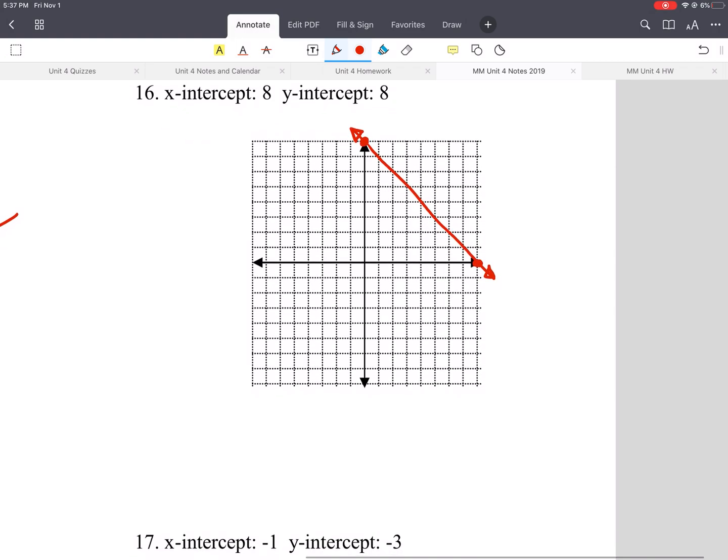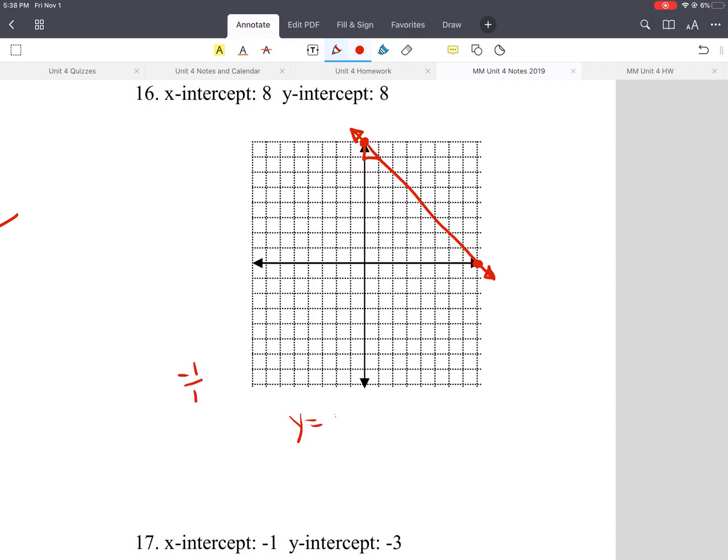All right, and if we wanted to have an equation, y equals the slope here, it'd be -1/1, which is just -1. So we'd have -1x, and then the y-intercept would be 0, 8, so it would be +8.